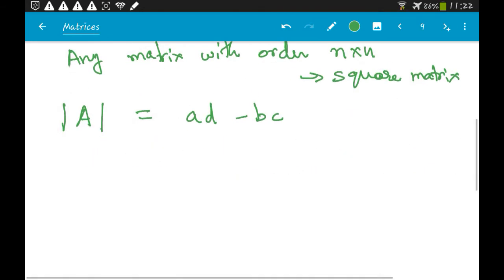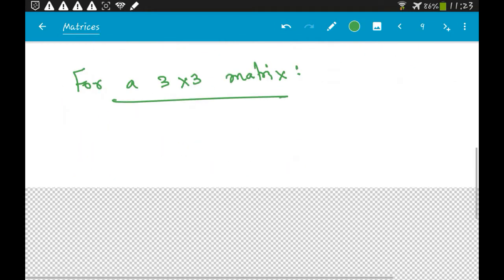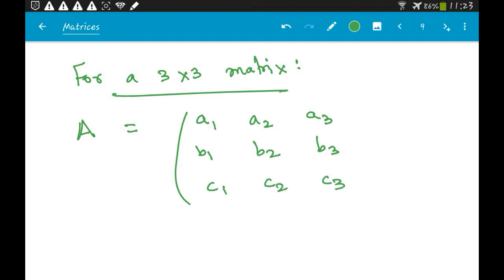But how do you do it for a 3 cross 3 matrix? This is also a square matrix. So what do you do? First write down the square matrix: A1, A2, A3, B1, B2, B3, C1, C2, C3.